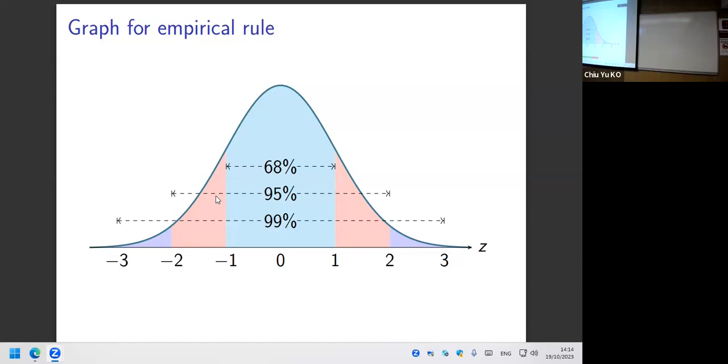And the SD, if I remember correctly, is around 15. If you are within 70 to 130, it is still considered normal. If you are beyond 130, then you are considered part of the genius group.